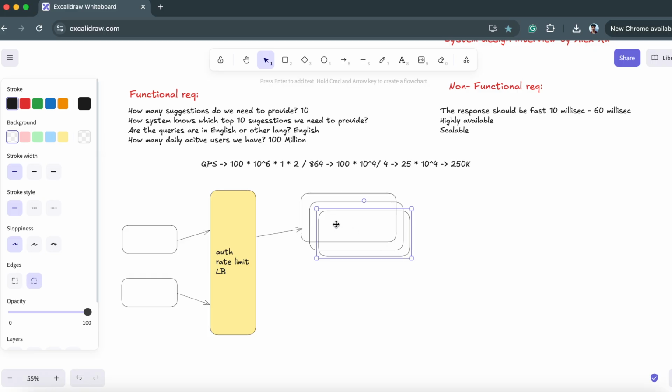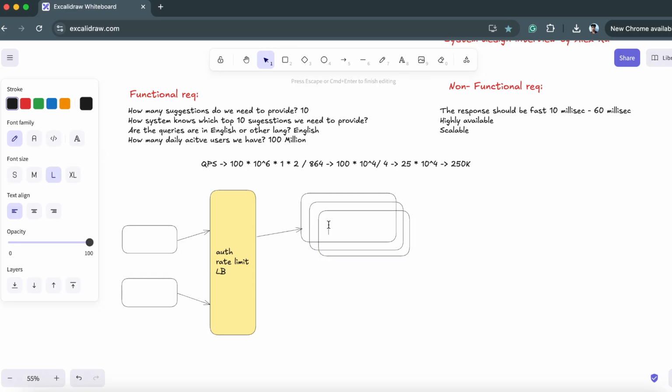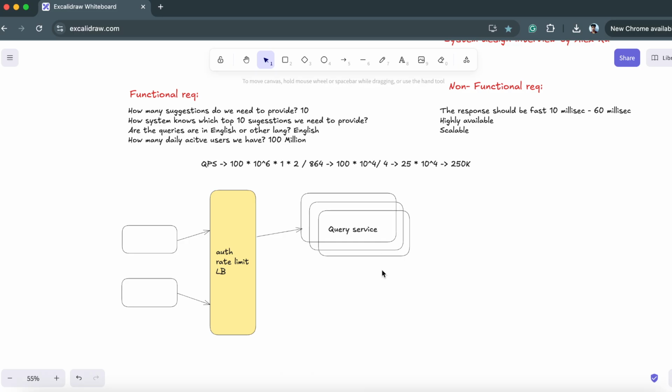So the query service should be horizontally scaled, so that we don't bombard a single server with multiple users. We can use any particular algorithm from the load balancer to balance the load across all the servers. So this is our query service. Since it is horizontally scaled, there shouldn't be any issue with multiple users making queries.